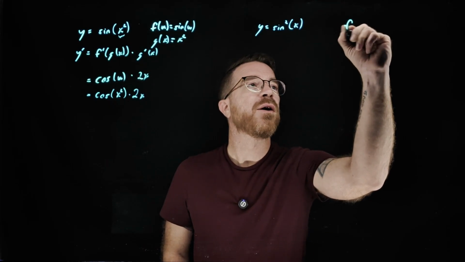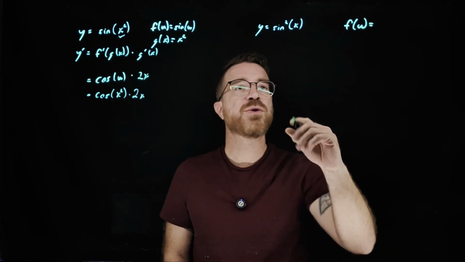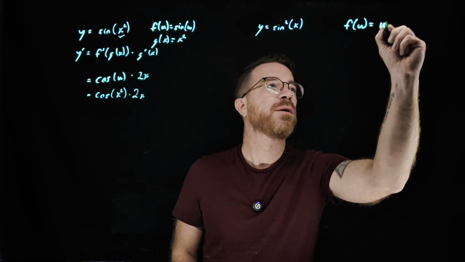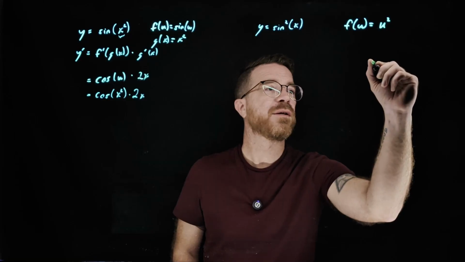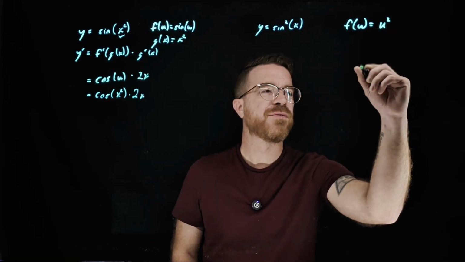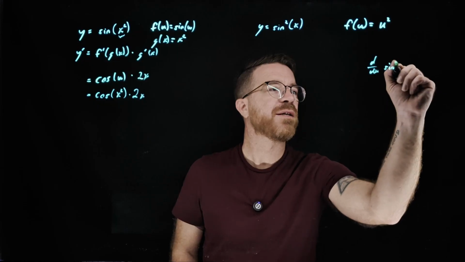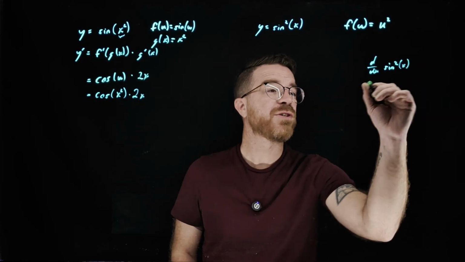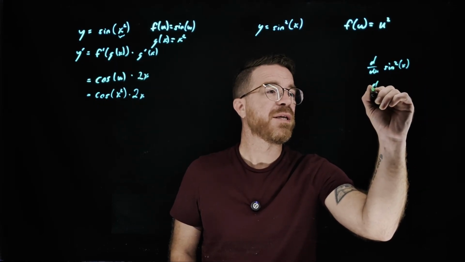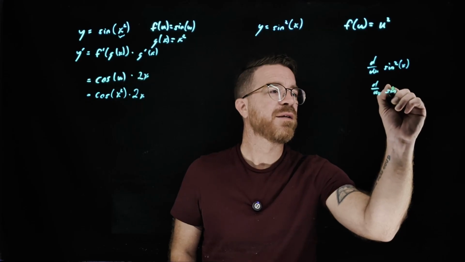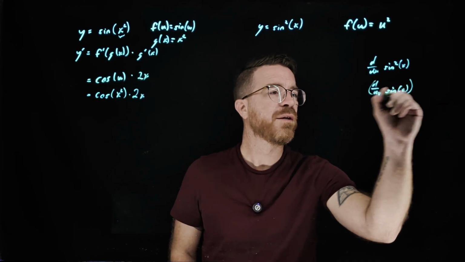Looking at our second function, what we have is y equals sine squared of x. So in this case, our f of u is just going to be u squared, right? Because when we take the derivative of sine squared of x, d/dx of sine squared of x, you can think of this as d/dx of (sine of x) squared.